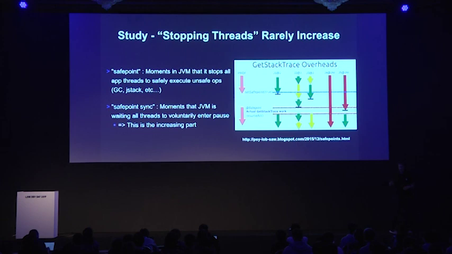So I then went on to study in what situations the stopping threads time could increase. To explain my point, I'd like to cite a very well-written blog by the creator of a prominent tool called Async Profiler. JVM has a concept called safepoint. When the JVM executes GC or jstack, all application threads need to be stopped.